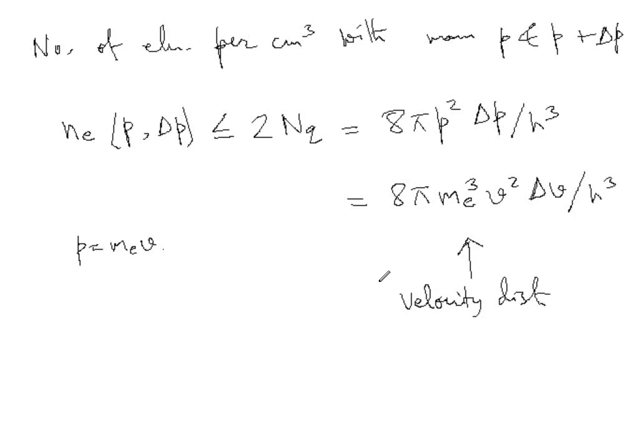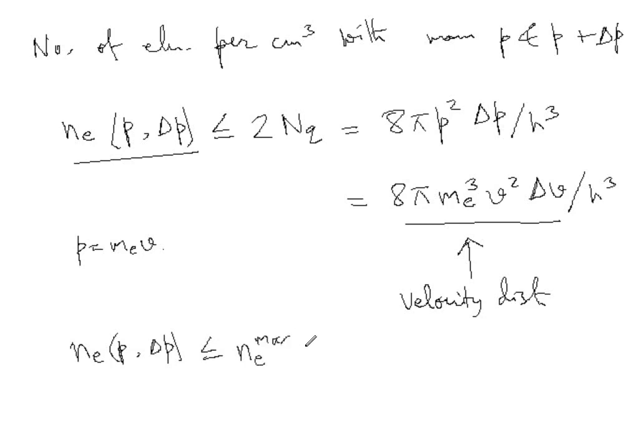Okay, so now what can you see here? What do you see here? You see, basically what I am seeing is that the number of electrons between P and P plus delta P must be less than some number Ne max. This is what I am seeing. And what is the value of Ne max? This value here.